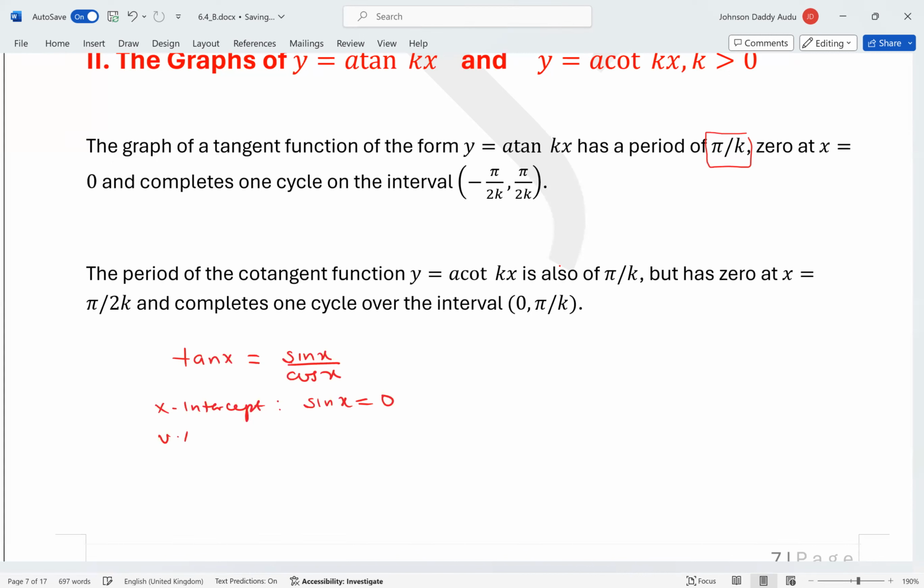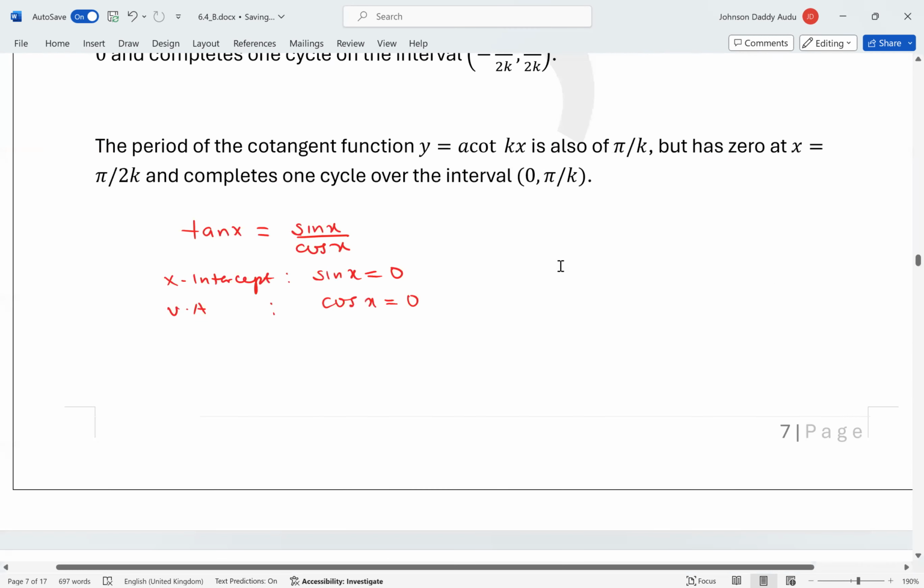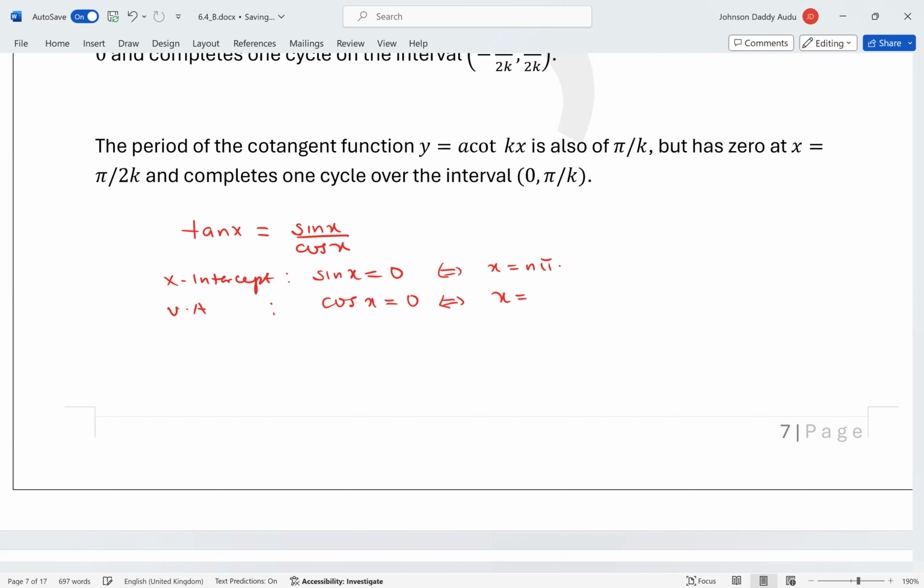And if you want the vertical asymptotes, you get them from the zeros of the denominator, which means cosine x equals 0. Sine x equals 0 means x equals n pi, and cosine x equals 0 means x equals pi over 2 plus n pi, right?